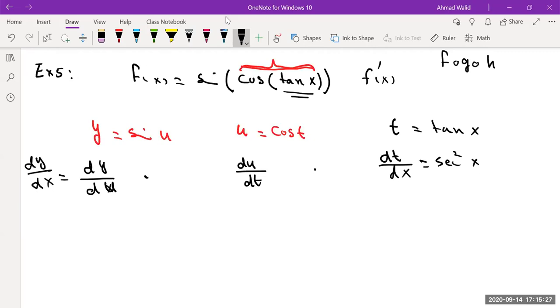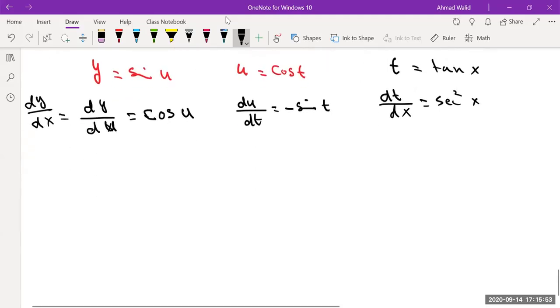Then memorize it, please. Here, u equals cosine t. The derivative of cosine t is negative sine t. Here, dy over du: the derivative of sine u is cosine u.